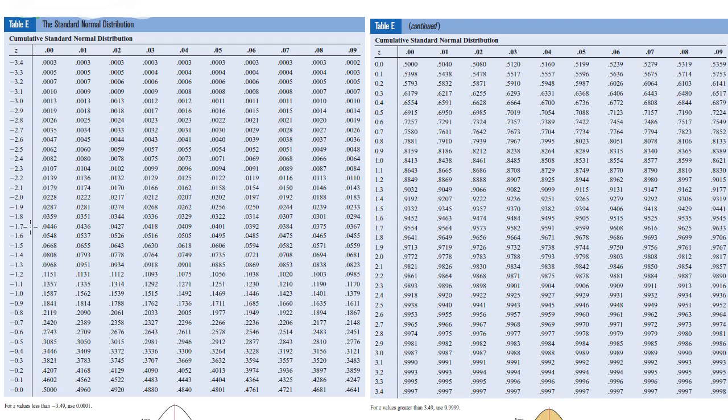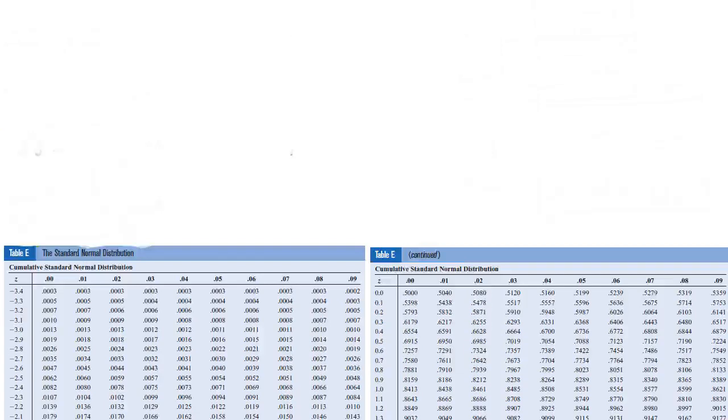Oh, negative 2.04, sorry. I could have done it that way too, but I would have to subtract from 1. So negative 2.04 is 0.0207. That's my p-value.